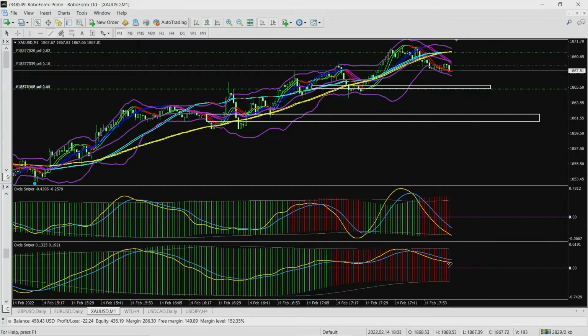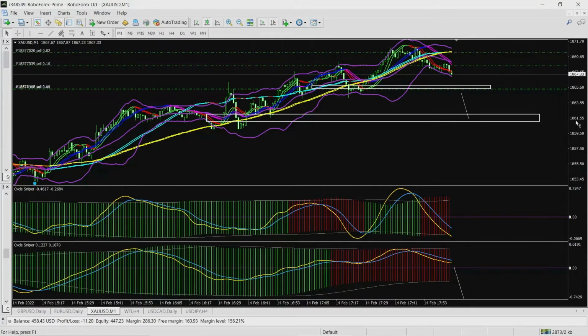Once this happens, this breakout, if it breaks, the price will come to 1860, somewhere 1861. This will be the breakout mode of the second one. Let's wait and see. I'm quite confident about this trade.